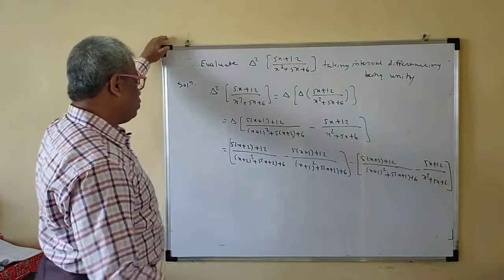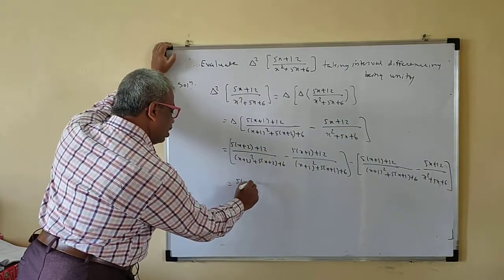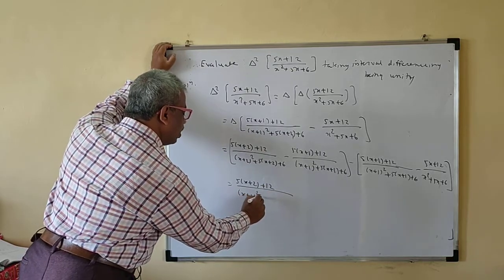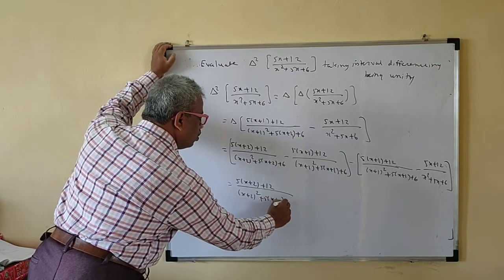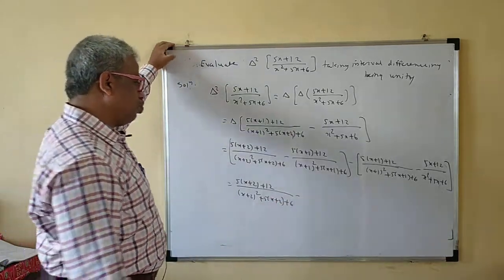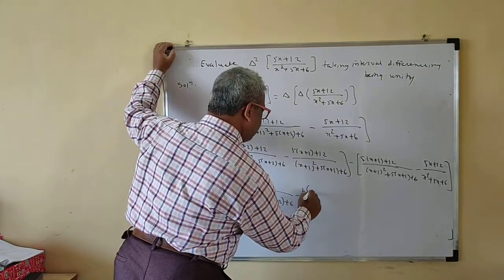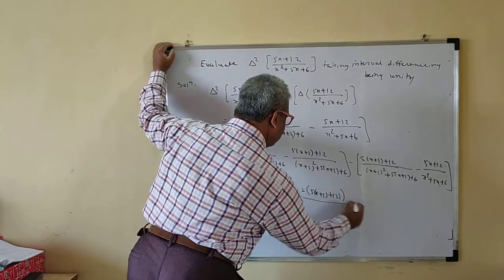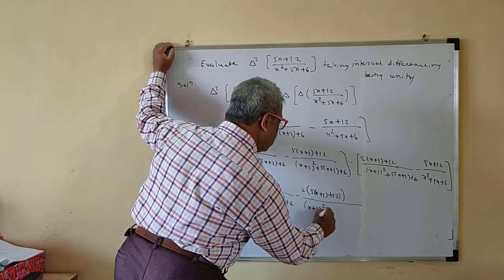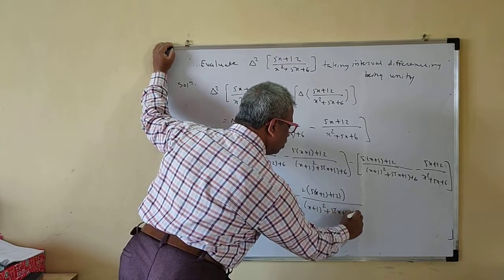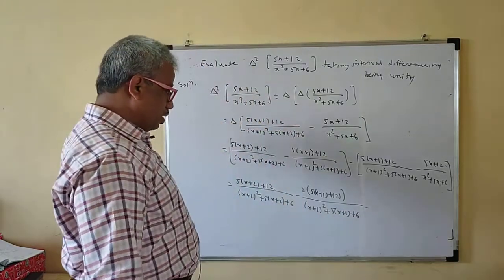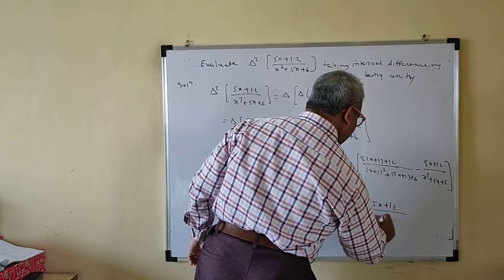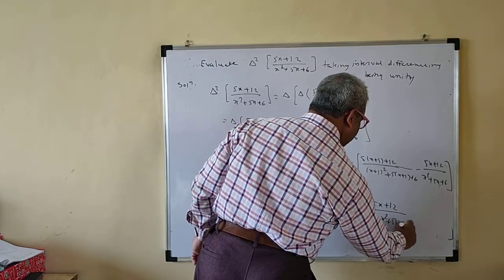So this is equal to 5x plus 2 plus 12 upon (x plus 2) square plus 5x plus 2 plus 6, minus 2 times (5x plus 1 plus 12 upon (x plus 1) square plus 5x plus 1 plus 6), minus becomes plus, 5x plus 12 upon x square plus 5x plus 6.